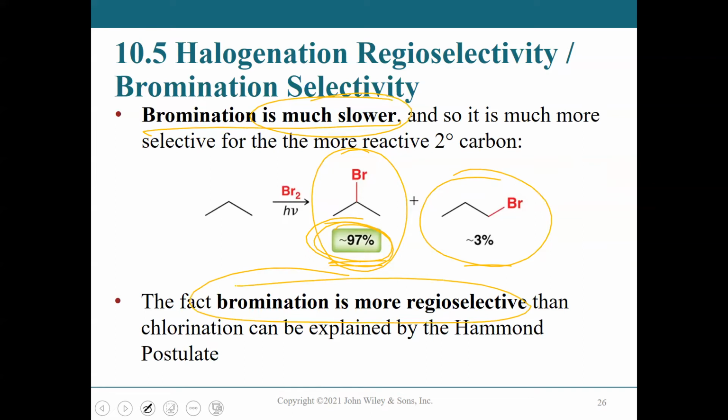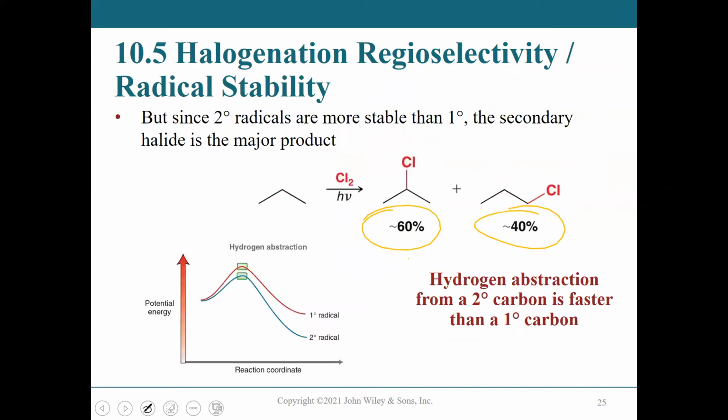What is the bottom line of this? Why am I explaining all this to you? Because if you are going to use this for synthesis, bromination is the way to go. So always think of bromination, bromination, bromination. Why? Because it's the most regioselective and it will give you the most stable product as the major product. Now, can I use chlorination for synthetic application? No, because you get about 50-50, 60-40.